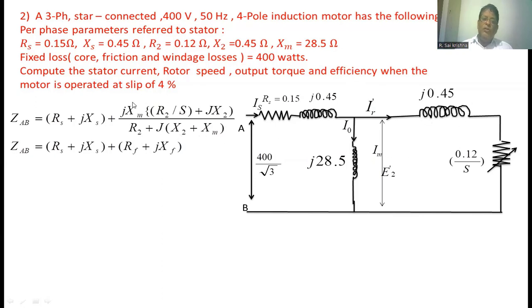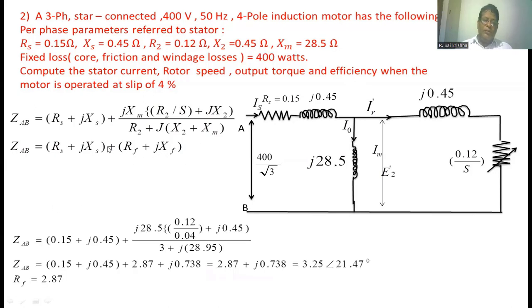Now this term we can write as a real term plus j reactive term. Now substitute all the values which are given in the numerical. If you simplify that, finally you get the equivalent impedance ZAB equal to 3.25 at angle 21.47 degrees.